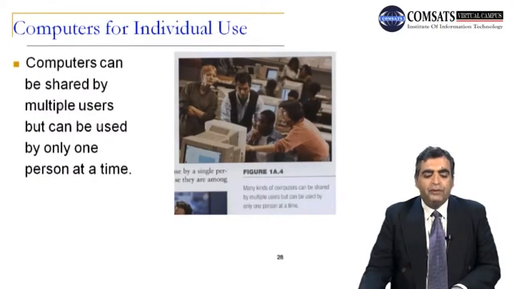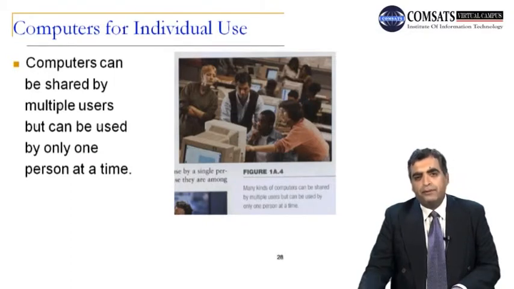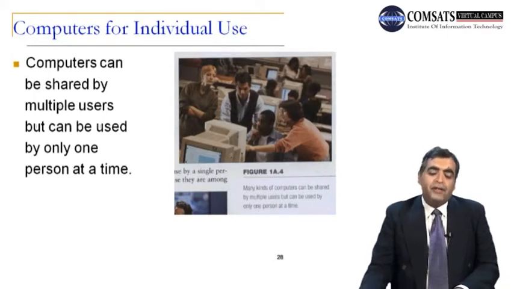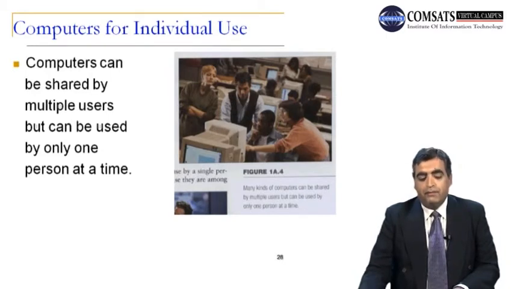So now we'll look at the computer for individual use. Up till now we have discussed the development of microcomputers and software from 1965 to 2008. Computers can be shared by multiple users, but can be used by only one person at a time.